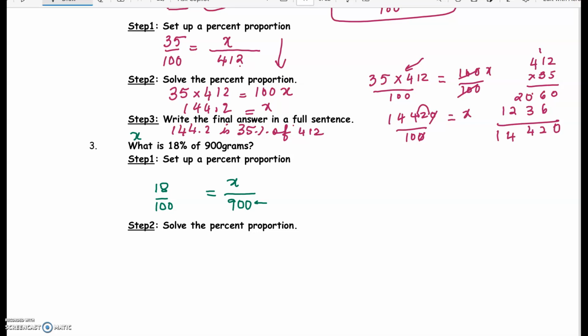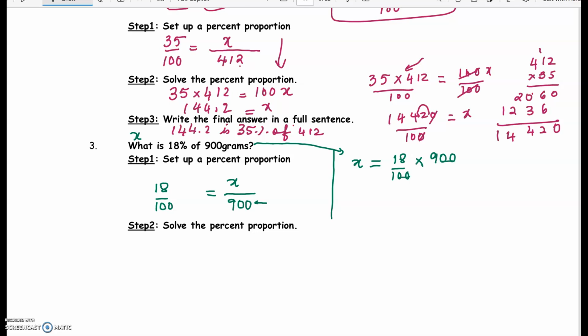Another way in which we could set up the equation, so I'm going to read the sentence exactly the way it is set up. What is? So X is equal to 18% of, so the word of, a percent of the whole or fraction of the whole is 18 over 100 times 900.